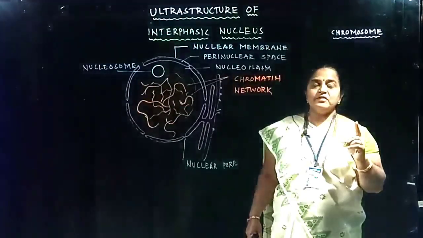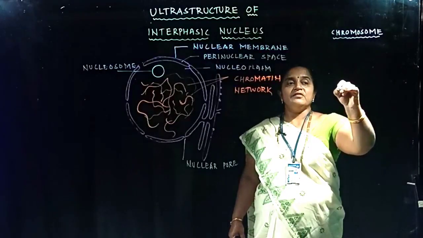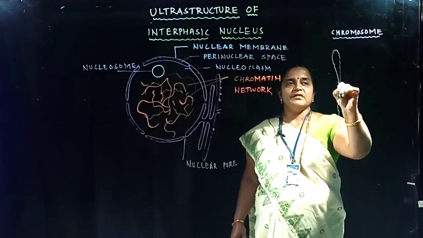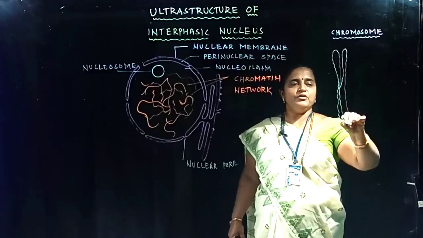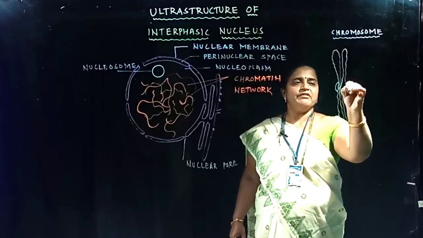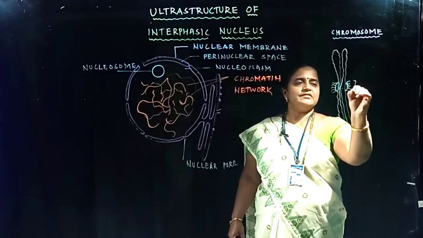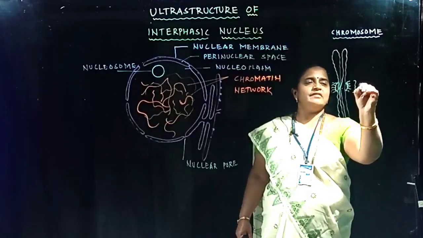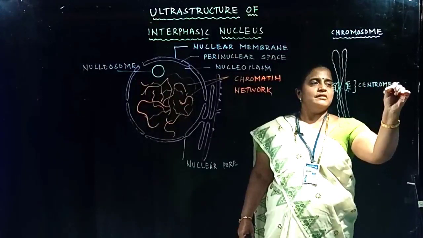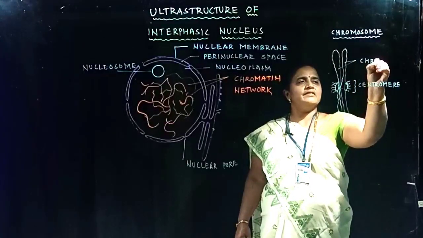In mitosis and meiosis, there is one stage called metaphase. In metaphase, if you see the structure of a chromosome, it shows two arms. These are held together by a narrow region surrounded by a commissural cap giving the fibrillar microtubules. This region of the chromosome is known as the centromere. The two arms of the chromosome are known as chromatids.